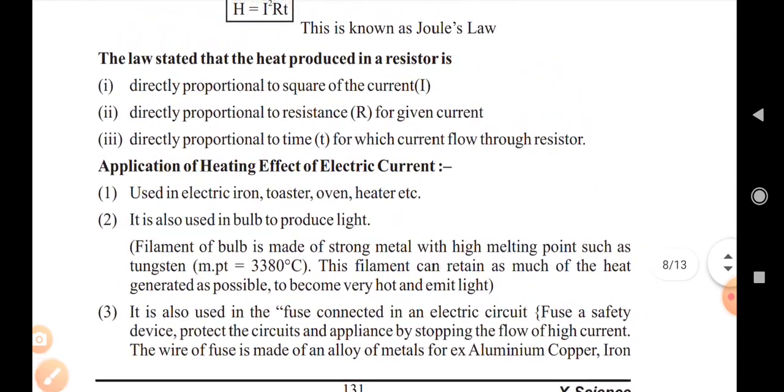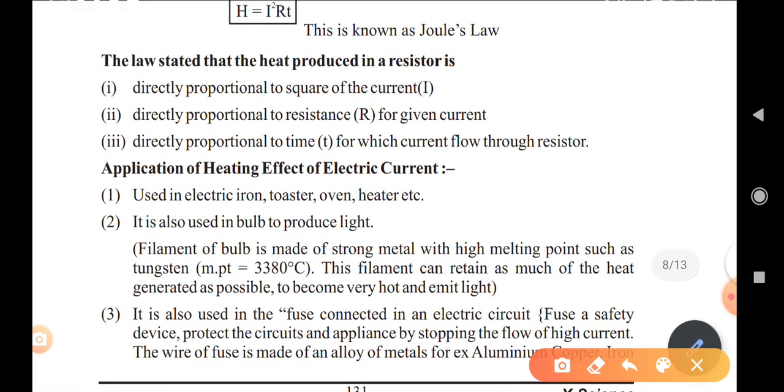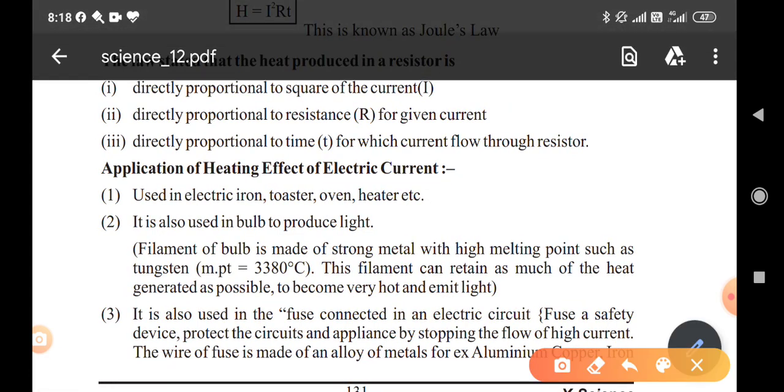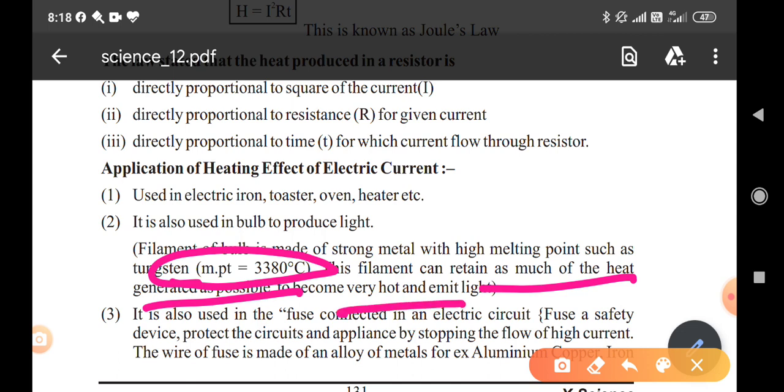The filament of a bulb is made of a strong metal with high melting point such as tungsten. Tungsten's melting point is approximately 3380 degrees Celsius. This filament can retain as much of the heat generated as possible to become very hot and emit light.